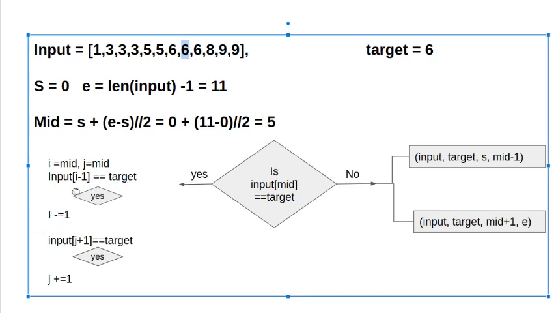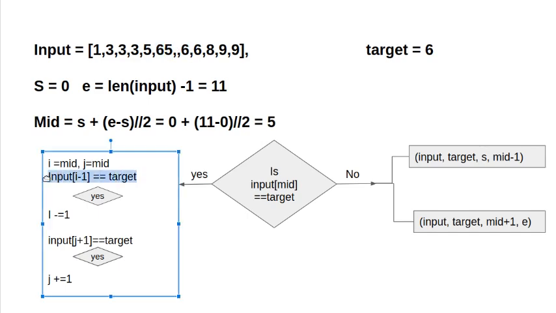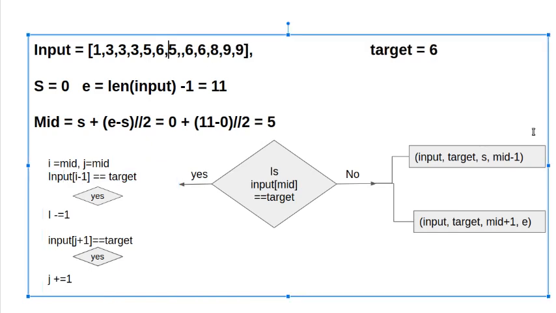We iterate until the input at the given point is not equal to the target. So we decrement here, we decrement here, and if we decrement here, it's going to be 5. This is not valid, so in that case we just stop there. What happened here? Let me clear this.